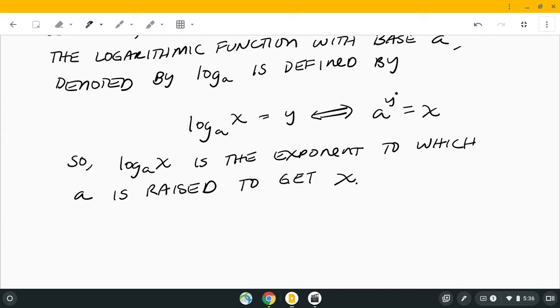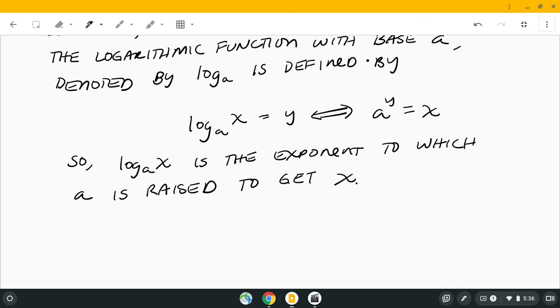so we know that a to the y equals x, right? But then we also know that y equals this log function, right? So here, a raised to y, but y is this. It's like I replaced the y value with this y value, which is equal to this.